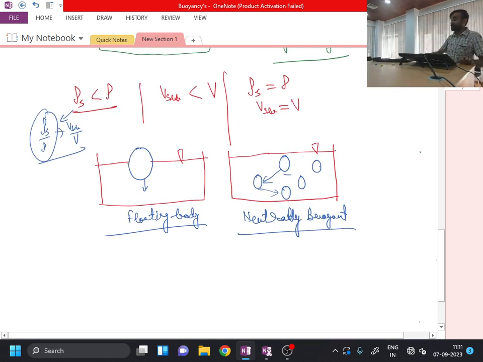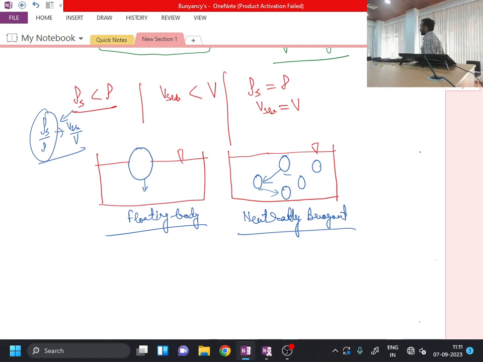These neutrally buoyant particles are used in many advanced flow measurement techniques to determine the velocity field. Whenever these are put into the fluid, they do not show any individual flow hydrodynamics. They try to follow the behavior of the fluid.